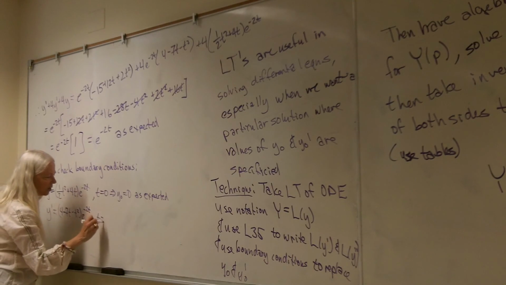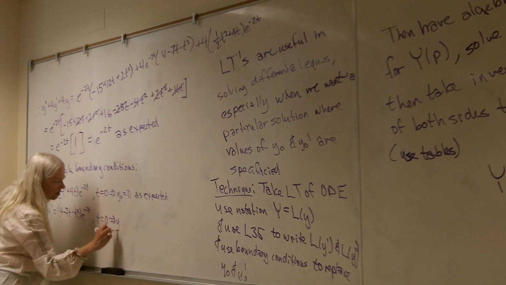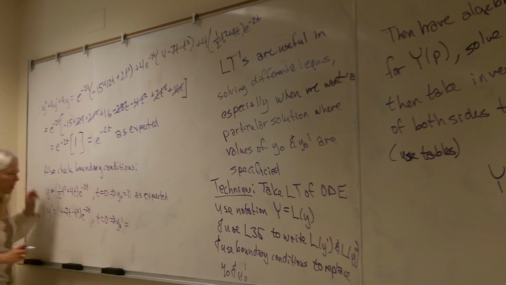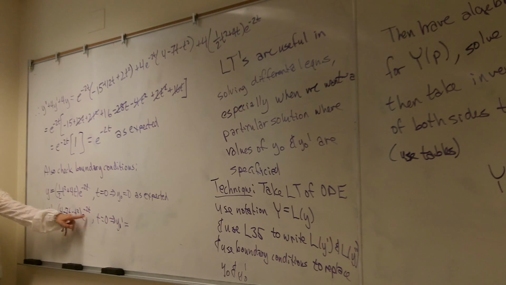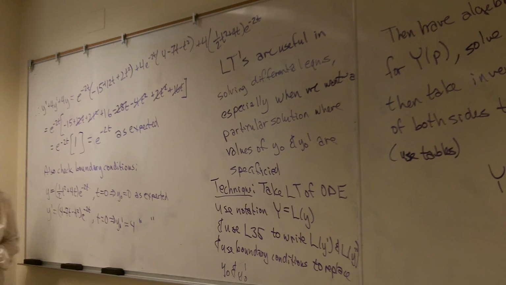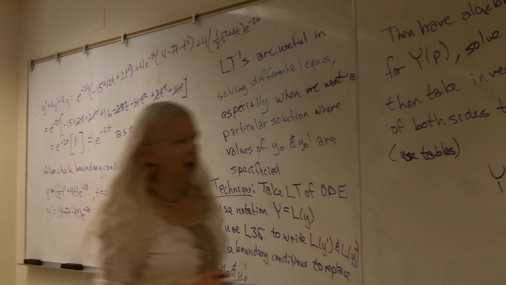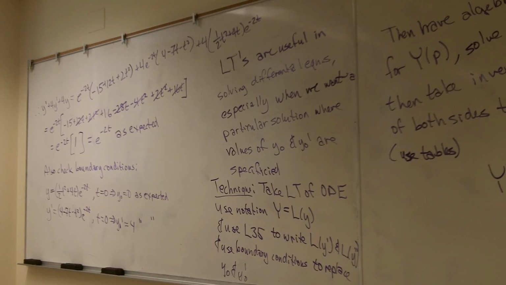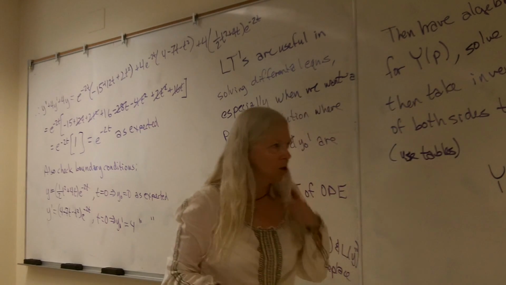If we plug t equals 0 into that to get y naught prime, well, e to the 0 is 1 out here, so just plugging in right here makes that 0 and that 0, so we get a 4 from that. Again, as expected, right? So this function right here satisfies both our differential equation and our two boundary conditions, right? And we double check them both. So this is how you can do this Laplace transform solution.